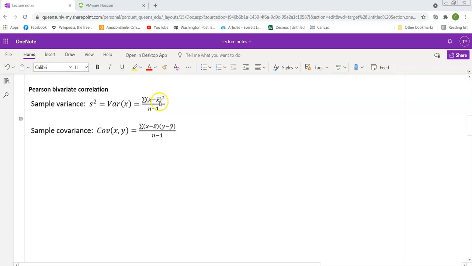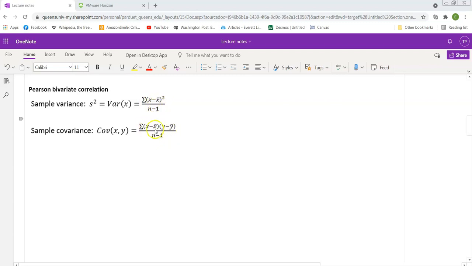So we're looking at all of the distances between X and the mean of the x's, and then we're taking the sum of those squared terms and dividing by the number of observations minus 1. So that's the way of looking at the amount of variability within X.